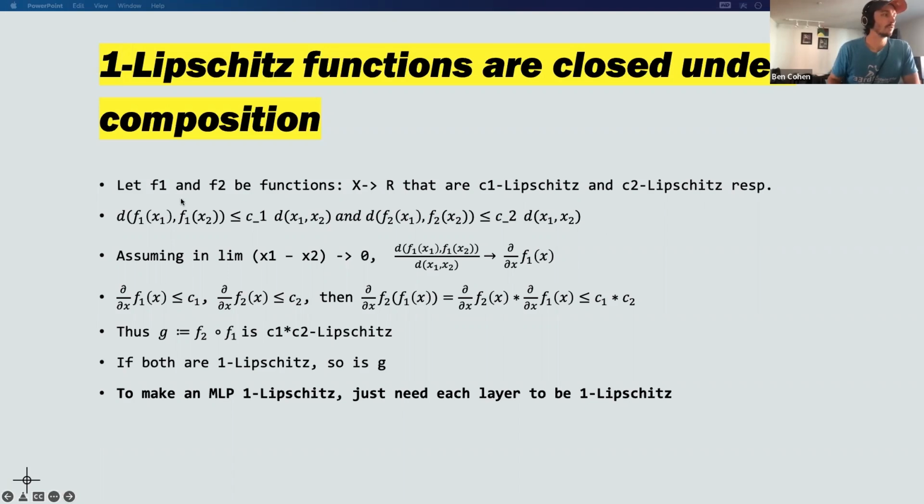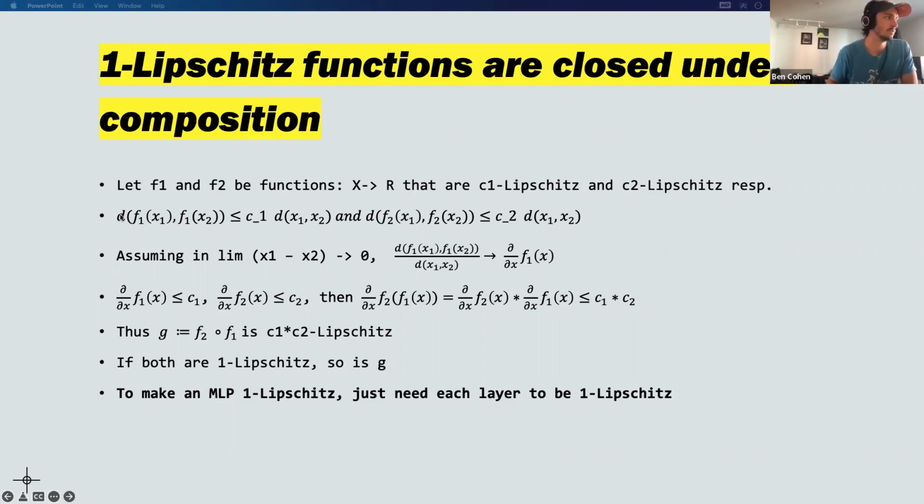So generally, this was just my naive reasoning here. I have two functions, f1 and f2, and let's say they have Lipschitz constants C1 and C2. This is just the definition of Lipschitz continuity. The left one has a constant C1, the right one has a constant C2.